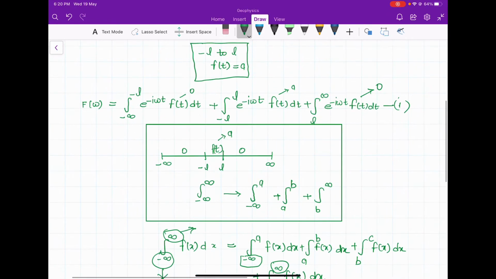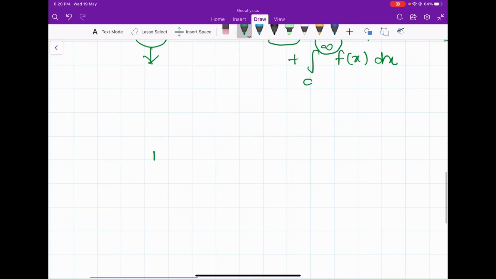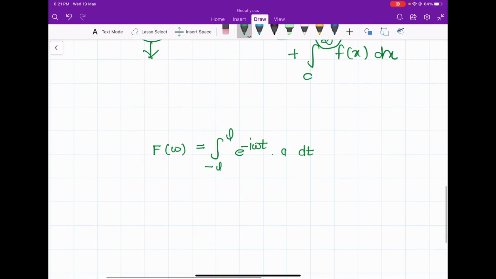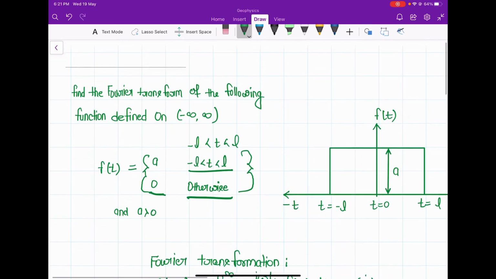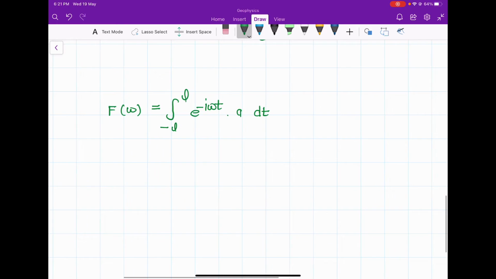So now I'm going to write here F(omega), which is equal to the integral from minus L to L of e to the power minus i omega t, and the value of f(t) is A, dt, and A is your constant which is greater than 0. Here in the question it is given that A is greater than 0. So if A is a constant, we can take it outside of the integration because A does not depend on t.